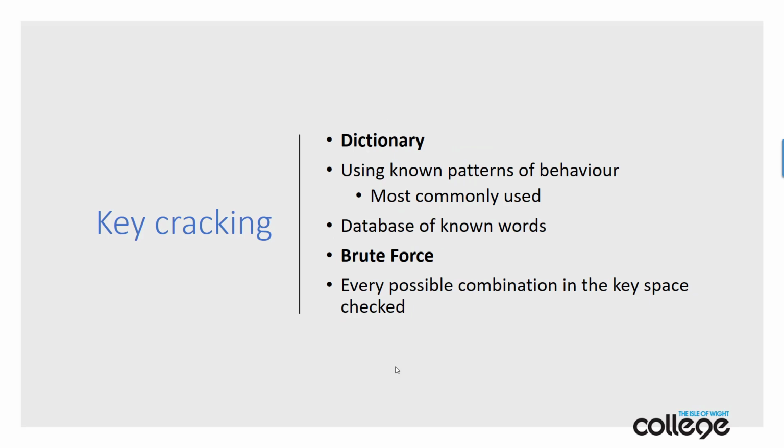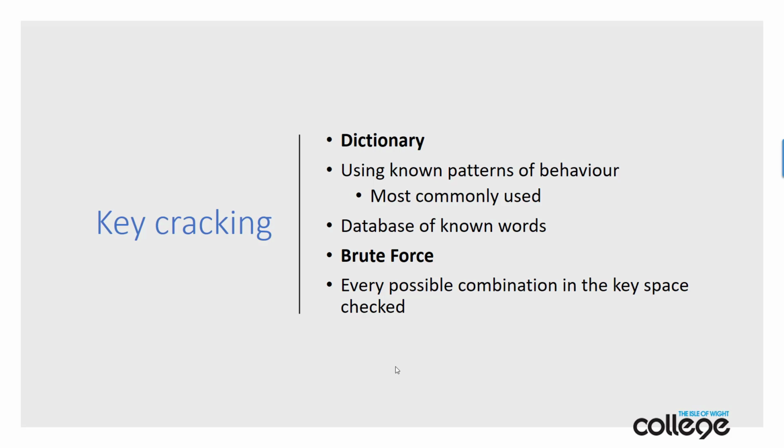So how are keys cracked? Probably by these two most common methods. Dictionary attacks, where we use patterns of known behaviour of commonly used words, and if they don't work immediately, we go on to a database of known words. The databases of known words might cover the English language, French, Spanish, all those other ones, and given today's computing power, we can check all the language dictionaries really quickly.